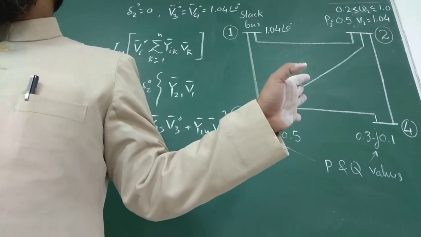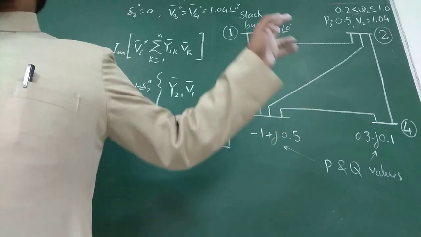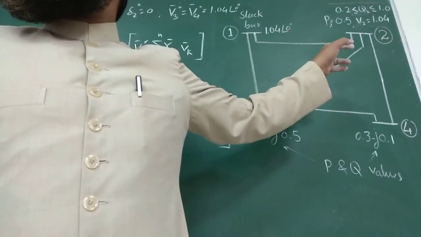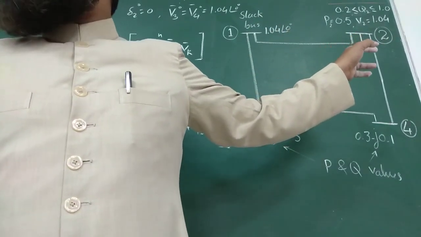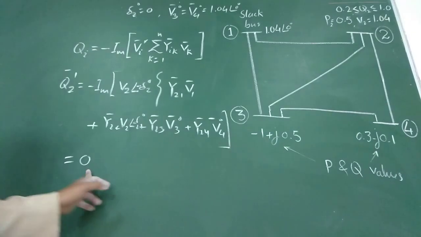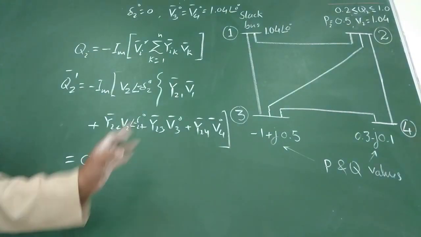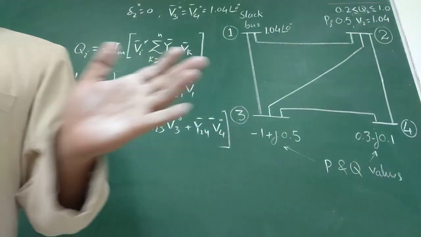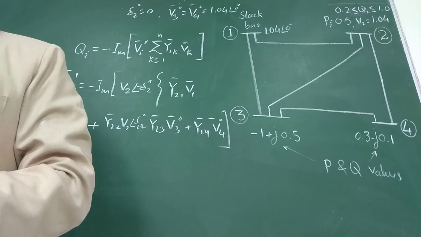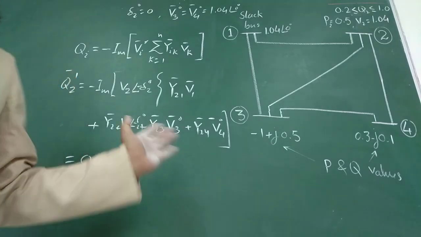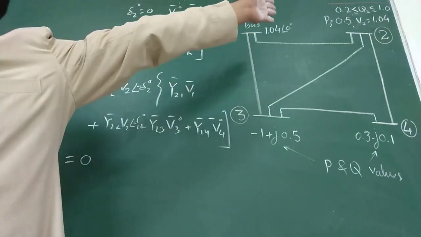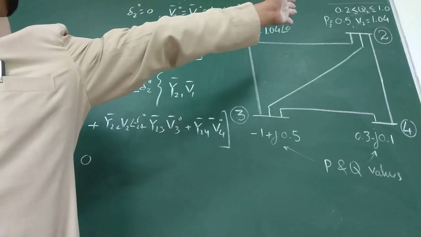You know the problem? Q2 evaluated at bus number 2, that was a PV bus, is violating the limit, coming out to be either lesser than the minimum or more than the maximum. Limit violation will be there. So it has violated; it is lesser than the minimum one, that is 0.2 per unit.